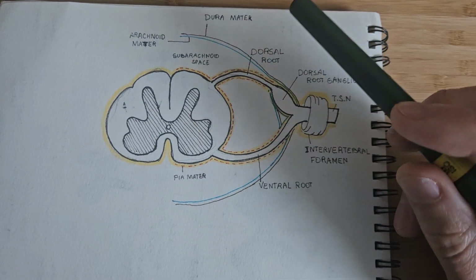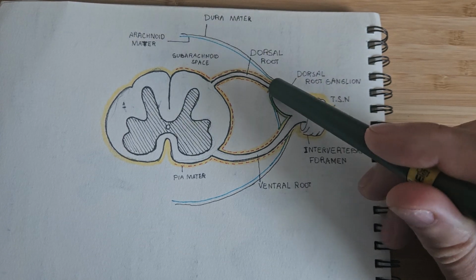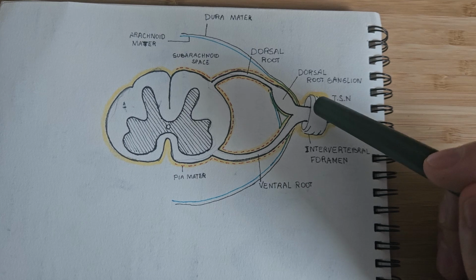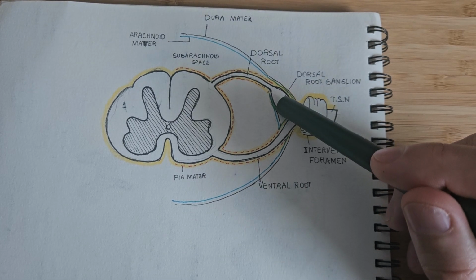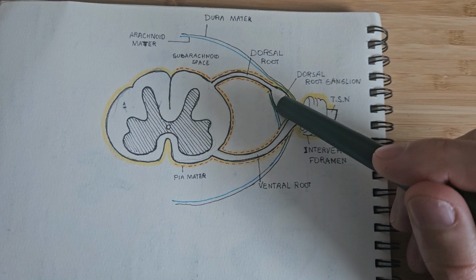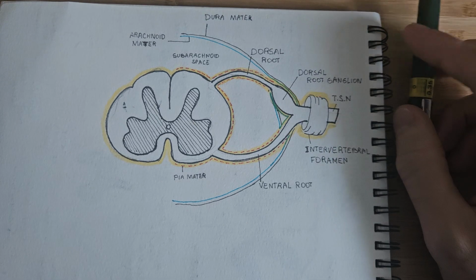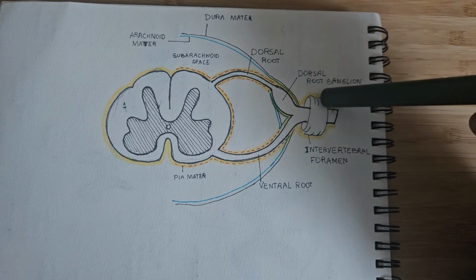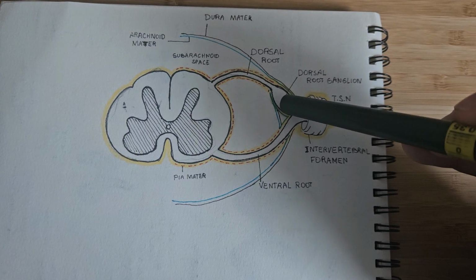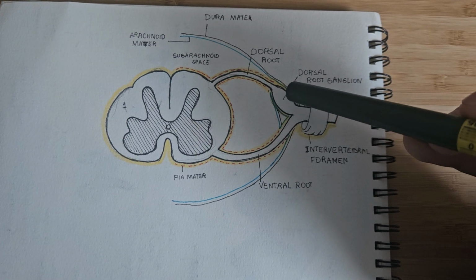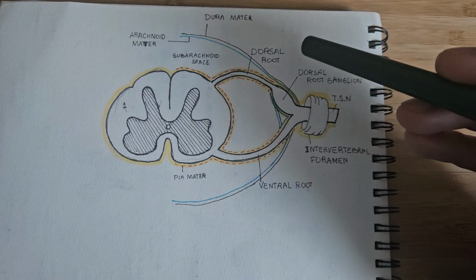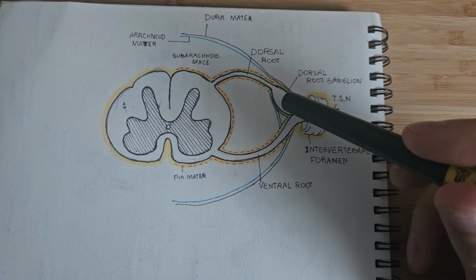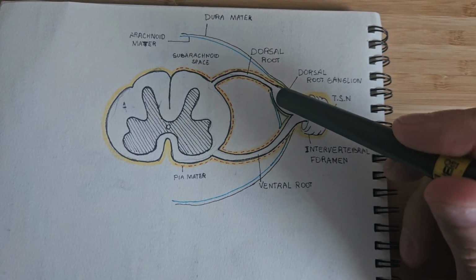Before reaching the intervertebral foramen, we are going to find the dorsal root ganglion, and this ganglion contains cell bodies of sensory neurons. All these cell bodies here are unipolar.